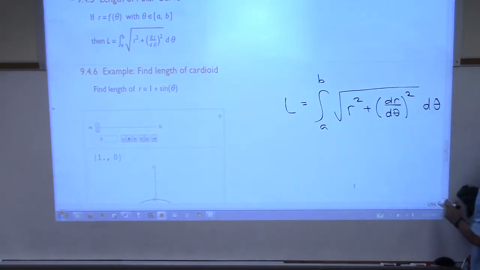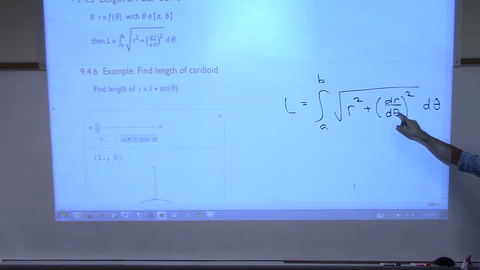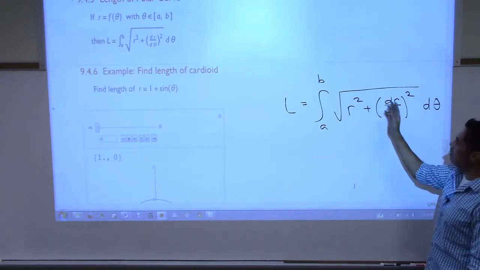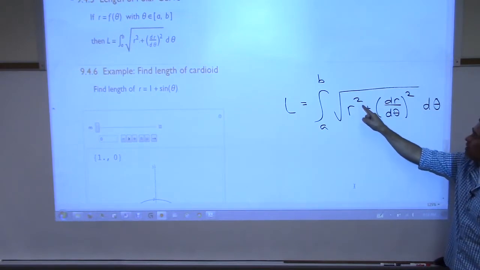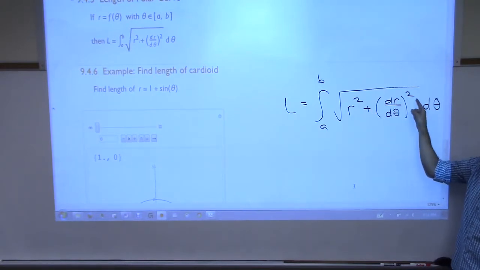If you download this later, I think I accidentally put theta or something here. It should be dr d theta. So what you're going to do to find the arc length is take the square root of the function squared plus the derivative of the function squared, d theta.